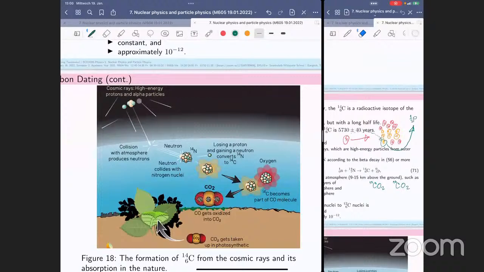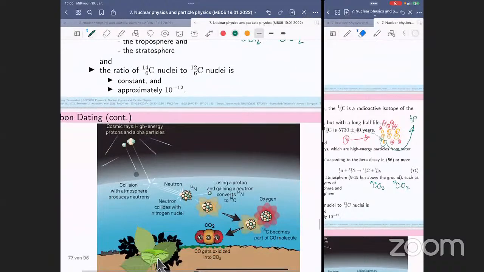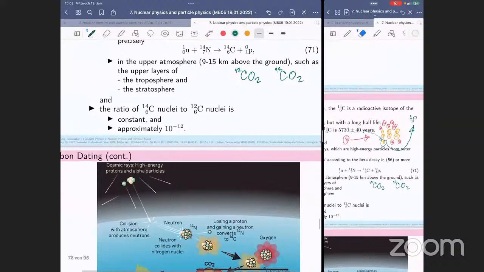Cosmic rays are high energy protons and alpha particles. And some of them will release the neutron too.